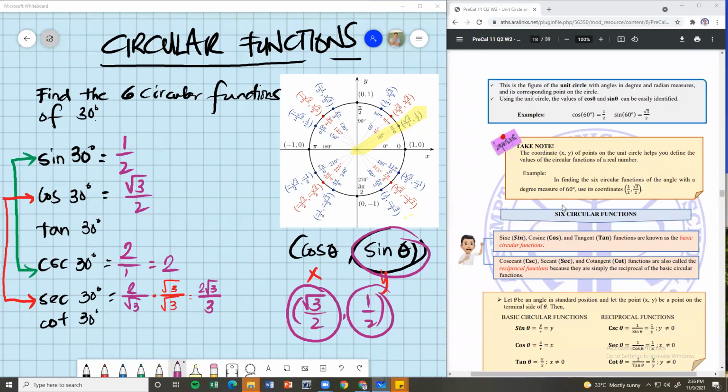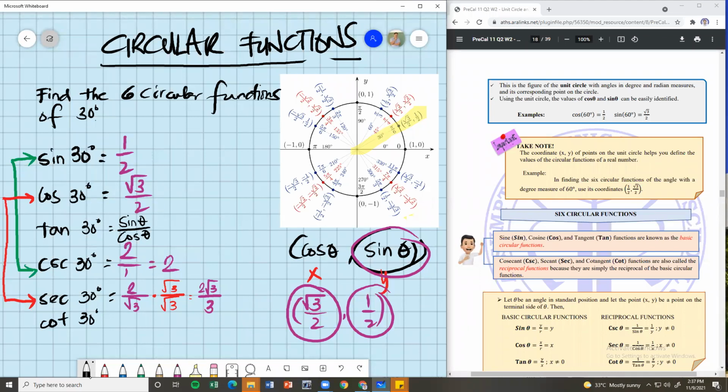Okay. So dito na tayo ngayon sa tangent. For the tangent, always remember this is always equal to sine over cosine. Sine over cosine. That is the value for the tangent.